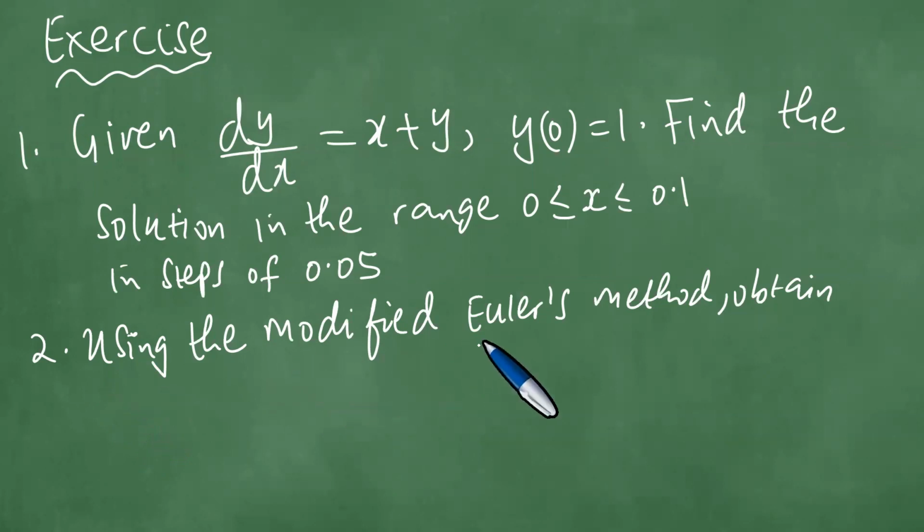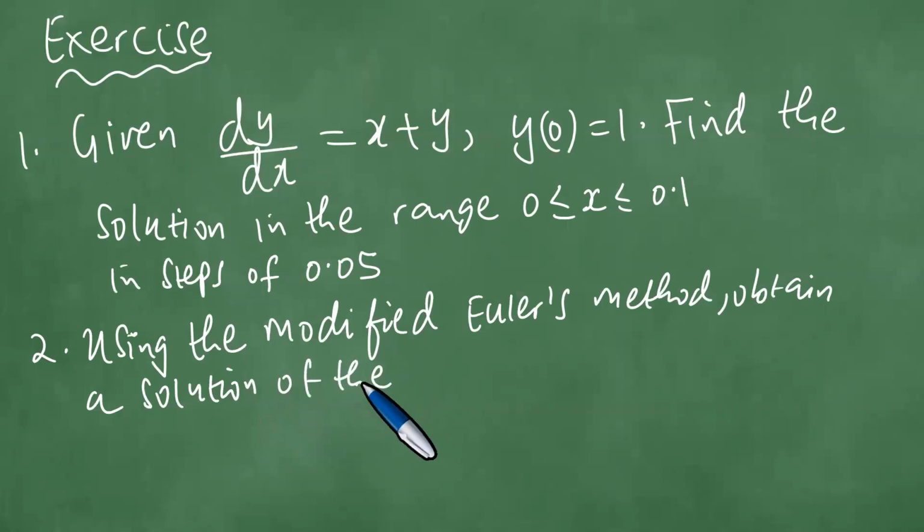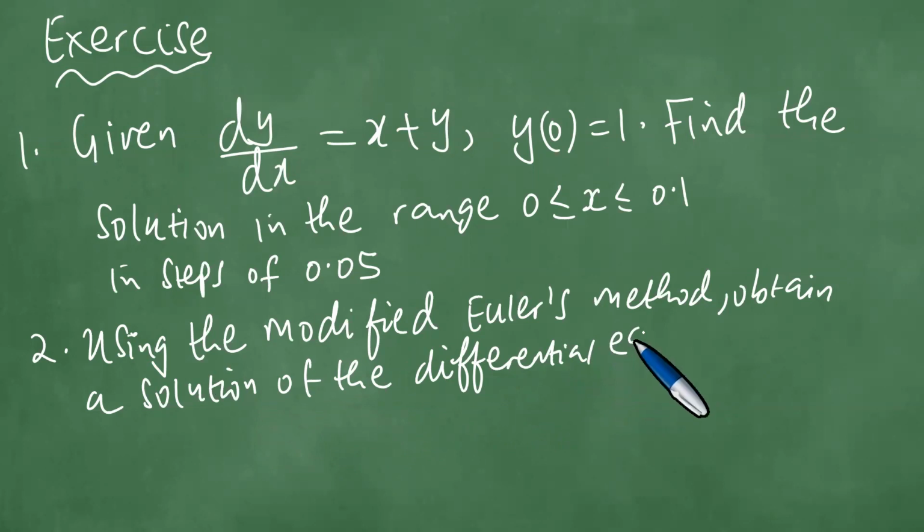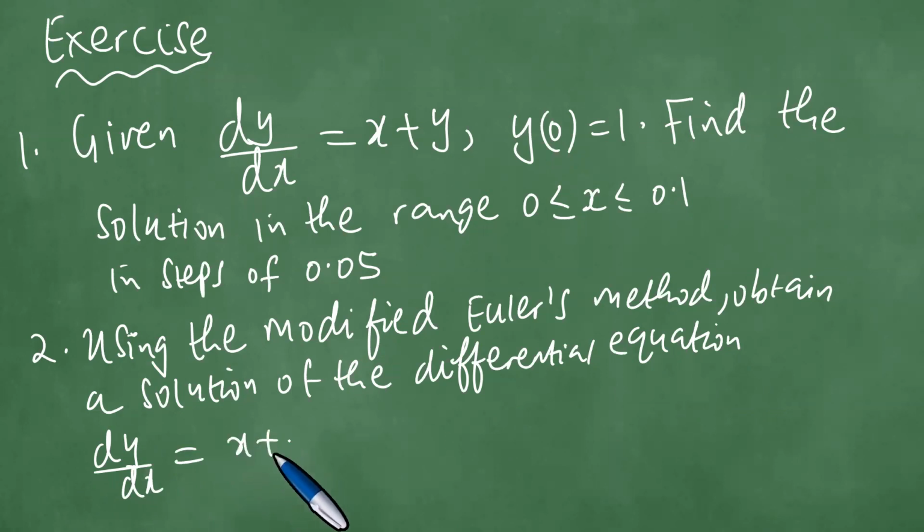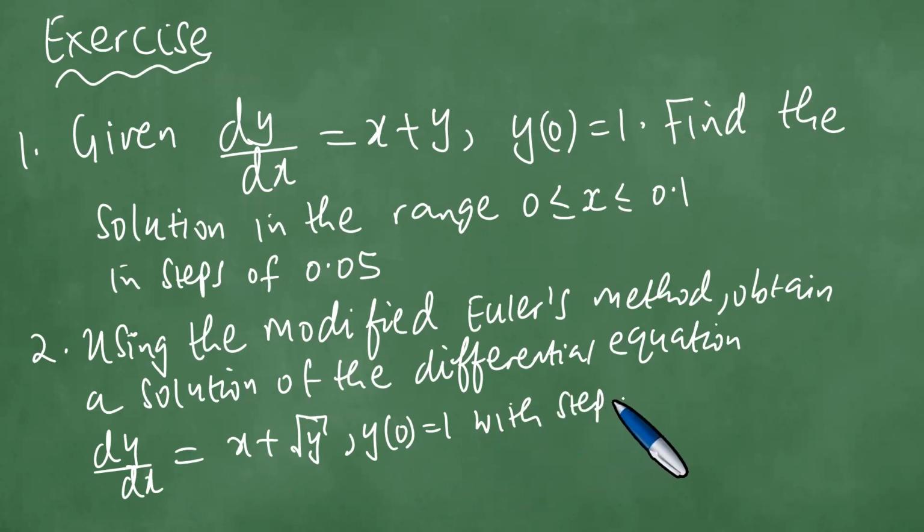Right, so using the modified Euler's method, obtain a solution of the differential equation dy/dx equals x plus the square root of y, with y at 0 is 1, with step size h equals 0.2.